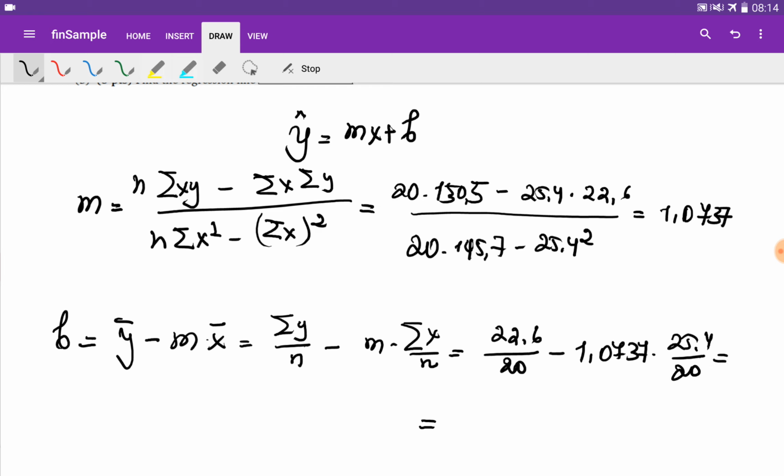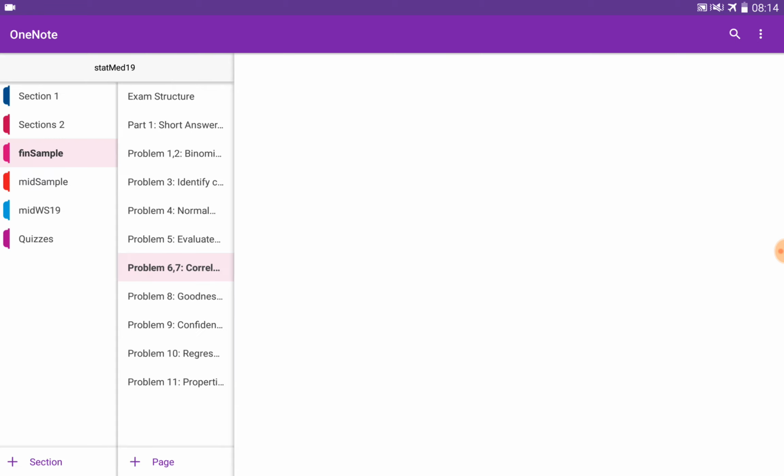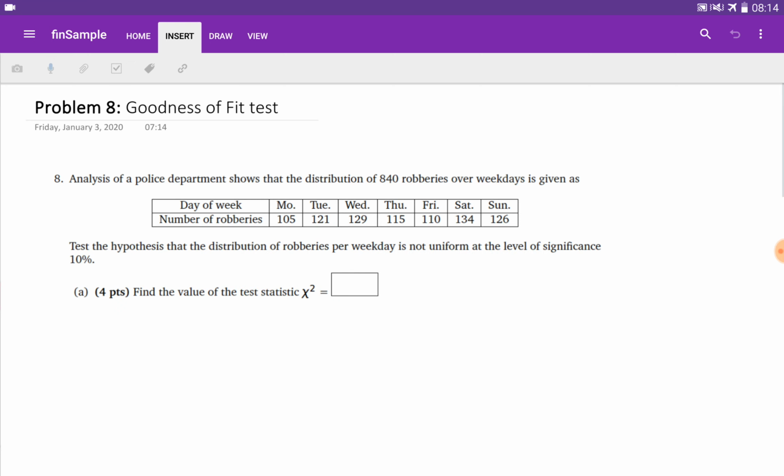If we put everything together, it is going to be minus 0.2336. So the regression line is going to be 1.0737x minus 0.2336.